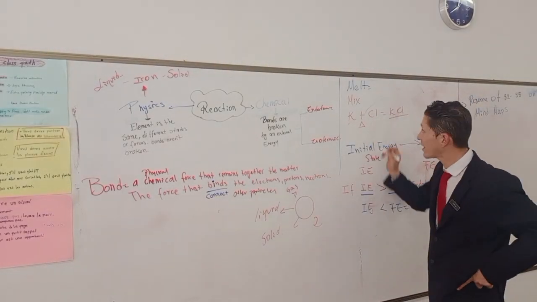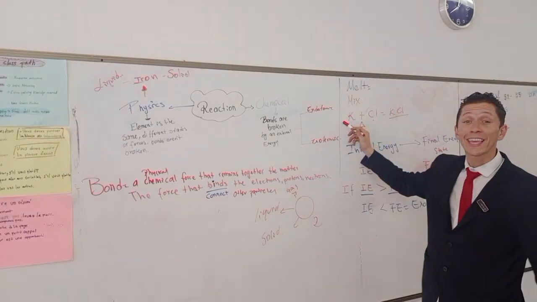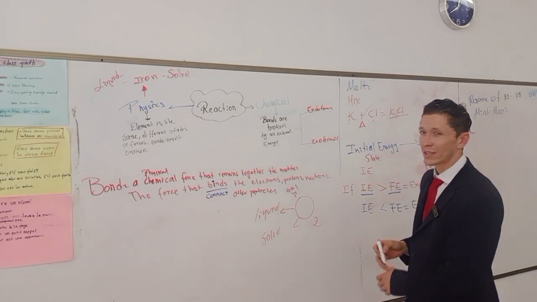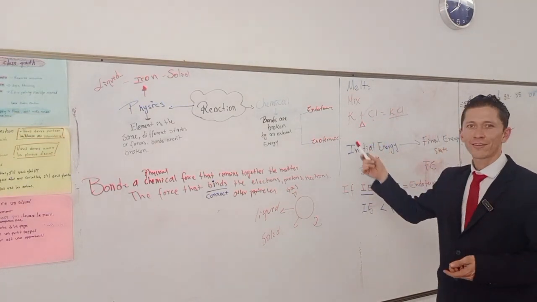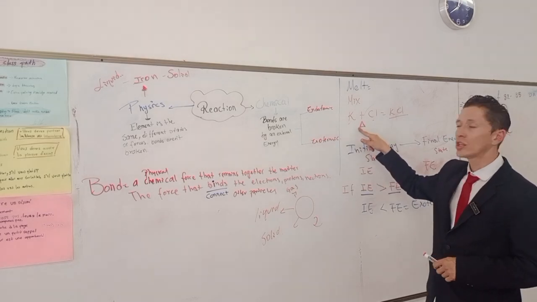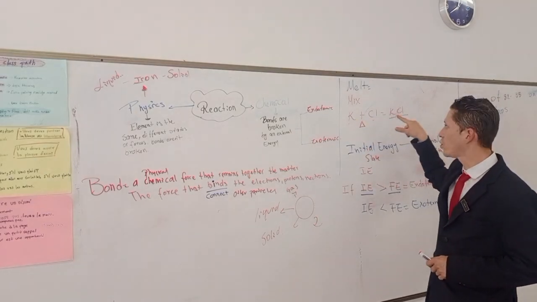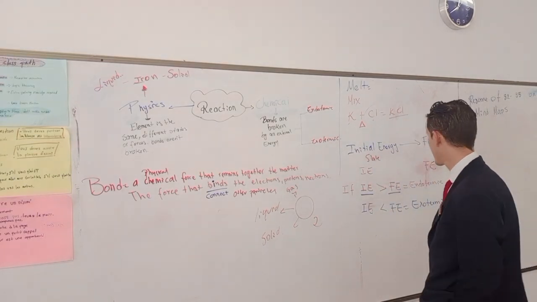Is this different than this? Yes. Is it a product of this? Yes. And this symbol, the delta symbol, means heat, right? You need heat to make this happen, the initial energy.